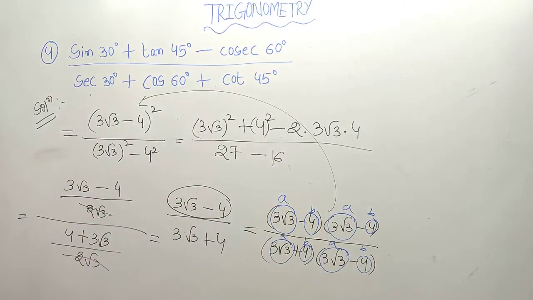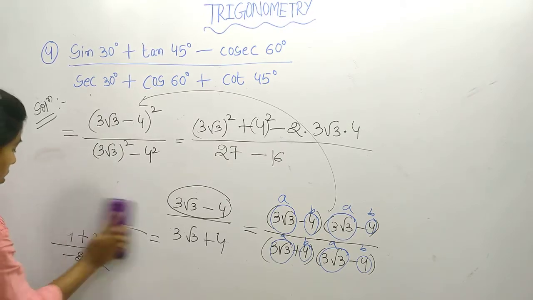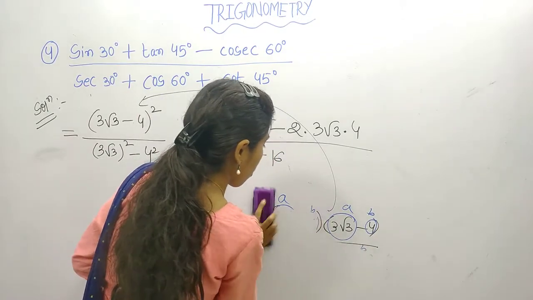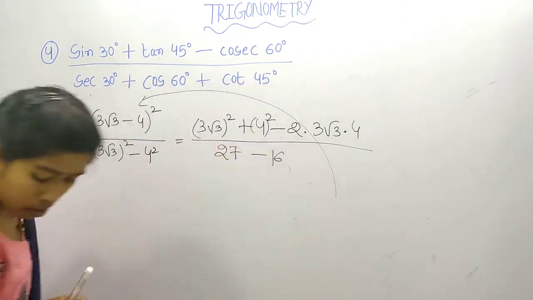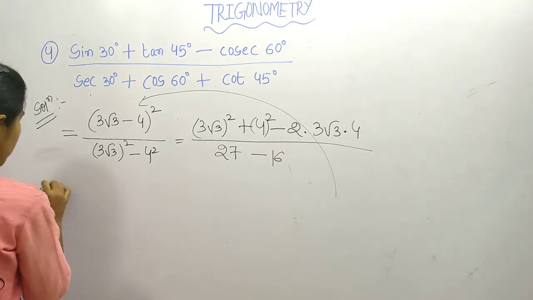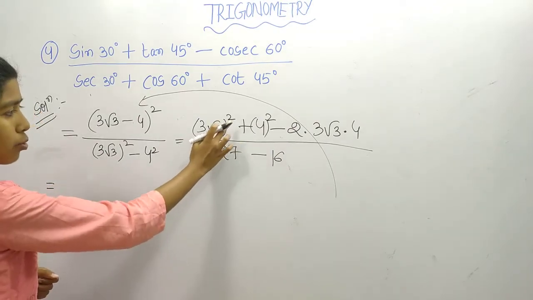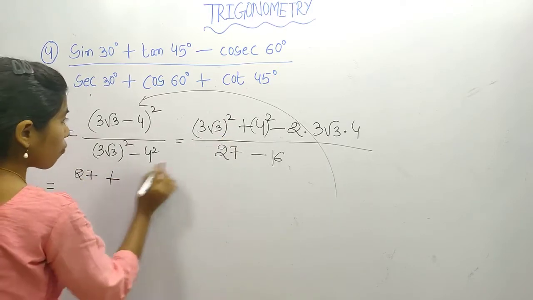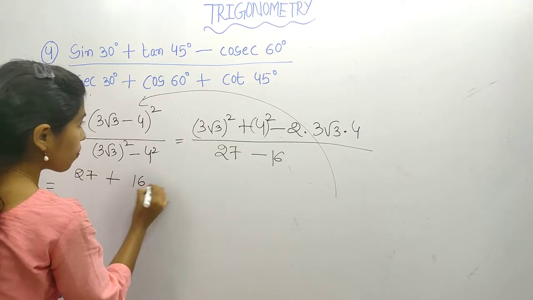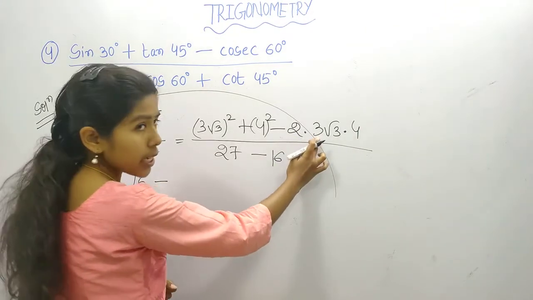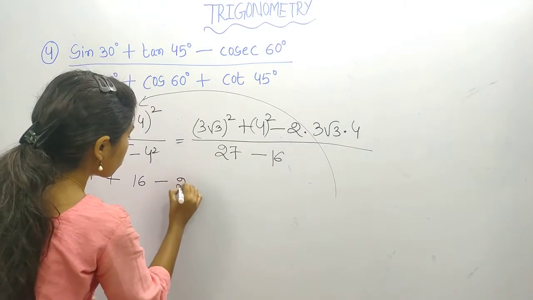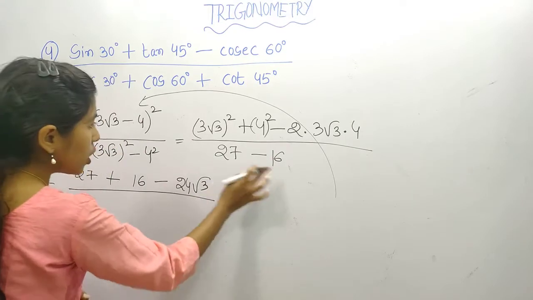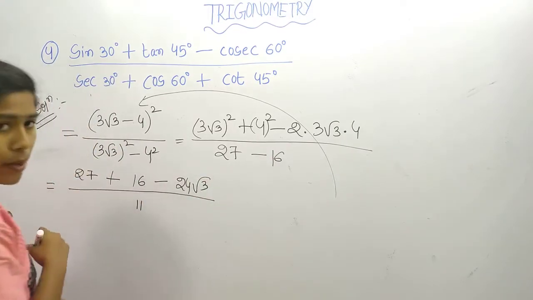So now it will become, you see, 3 square 9, root 3 square 3, 9 into 3, 27, plus 4 square is 16, minus 2 into 3 is 6, 6 into 4 is 24, again root 3 is there, 24 root 3, divided by 27 minus 16 is 11, okay.